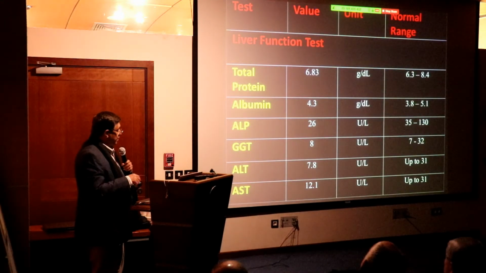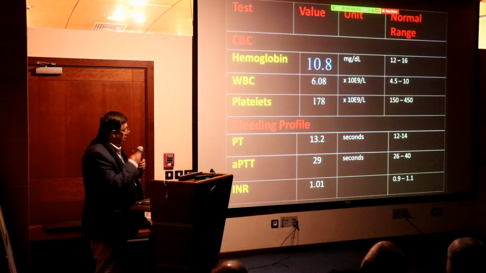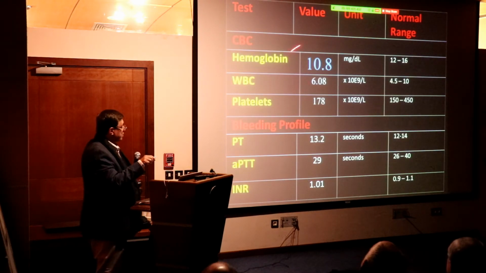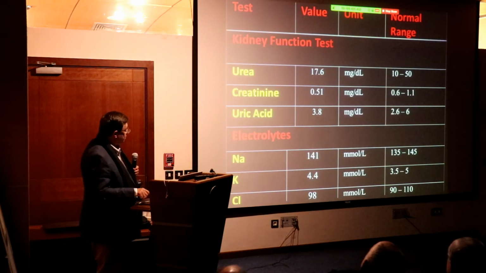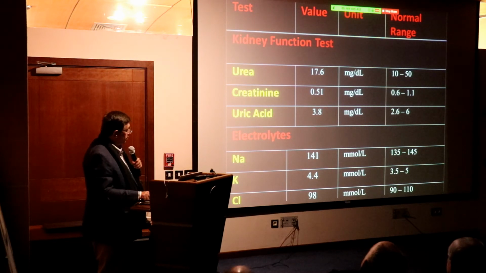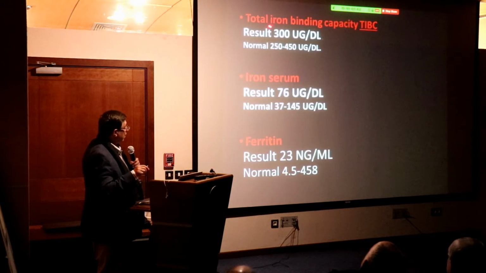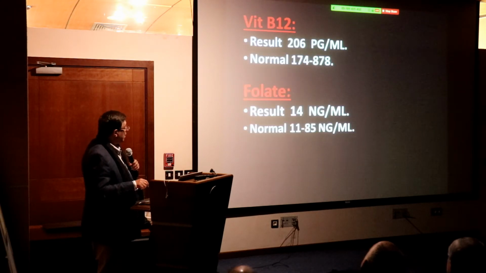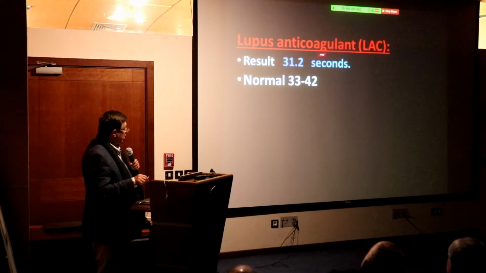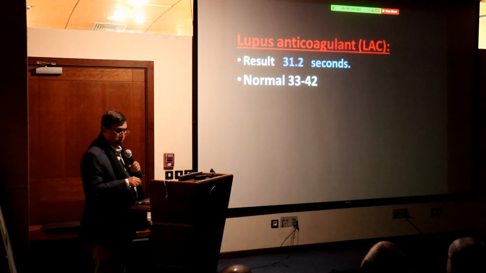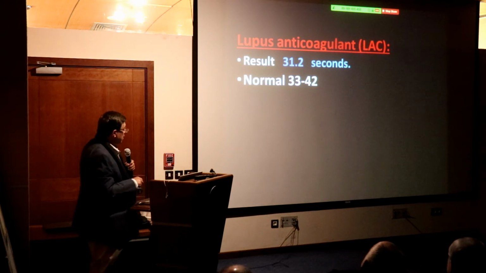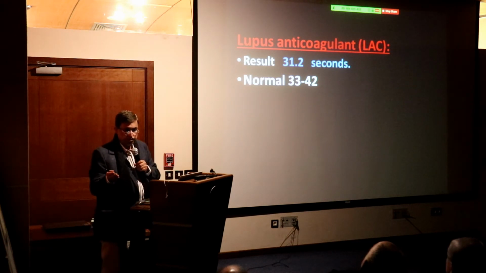We continued the investigations. Liver functions were normal. Hemoglobin was low. Kidney functions were normal. And total iron binding capacity, serum iron and ferritin were normal. Vitamin B12 and folate were normal. And lupus anticoagulant was 31.2. Is this high or low? It's normal. So this is the efficacy of the treatment?